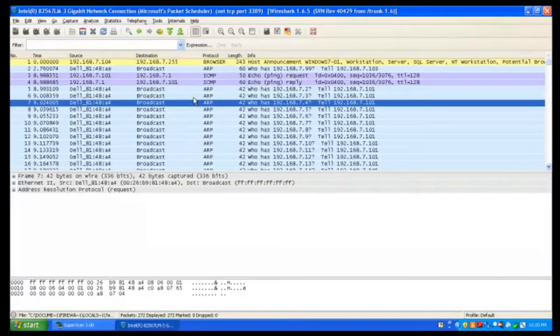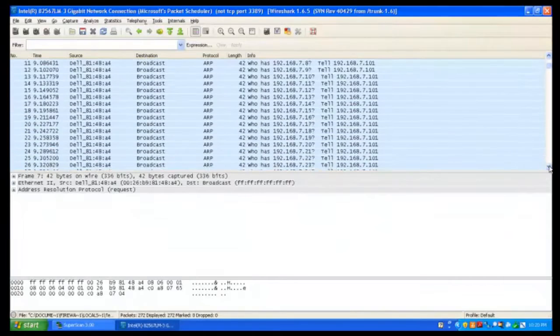So if you're running the sniffer on the same network as the computer that's doing the ping sweep, you're going to see these broadcast packets, even if you're on a switch network, because they're broadcast packets. They'll go out all the different ports, and this is a switched network that I'm on here.